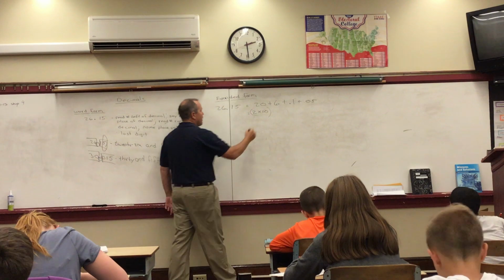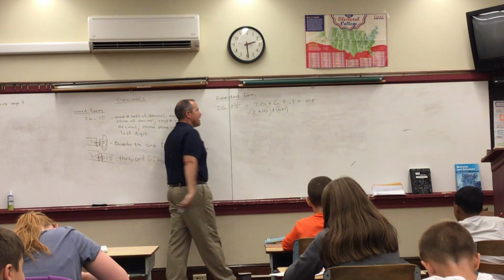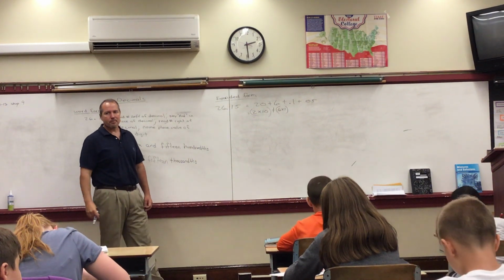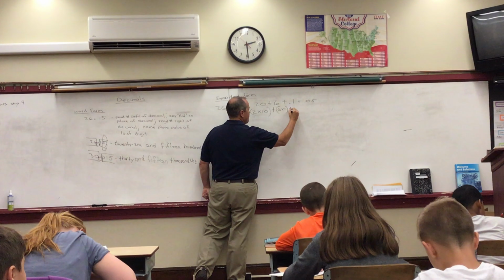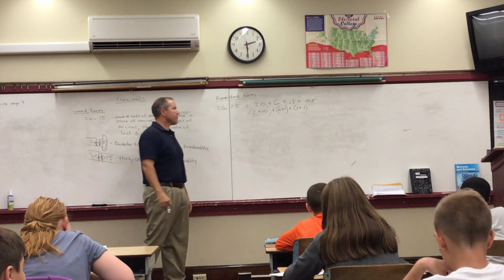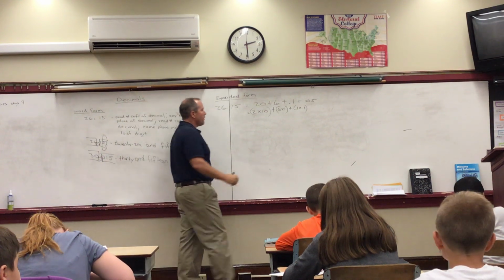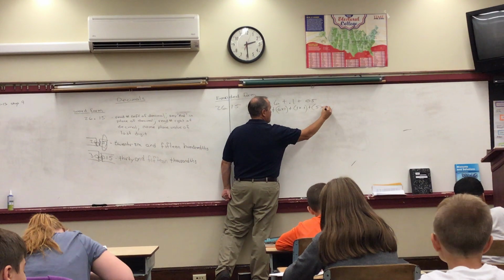The 6 is in the 1's place, so you take 6 times 1. The 1 is in the 10th place, so you take 1 times its place value, 1/10. And then the 5 is in the hundredth place, so you take 5 times its place value, 1/100.